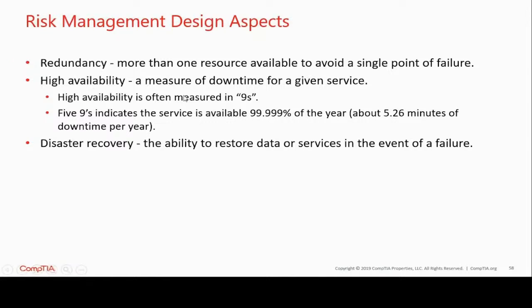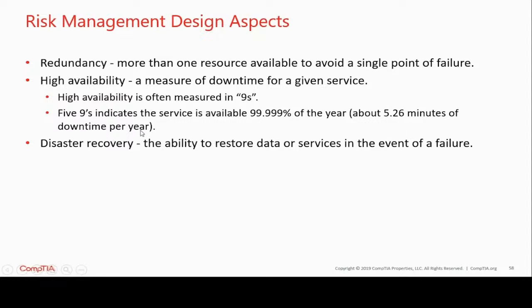Now, high availability is a measure of downtime for a given service. High availability is often measured in nines. Five nines indicates that the service is available 99.999% of the year, about 5.256 minutes of downtime per year.